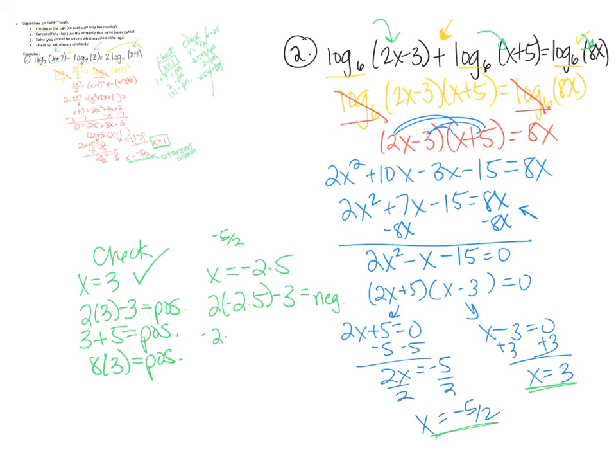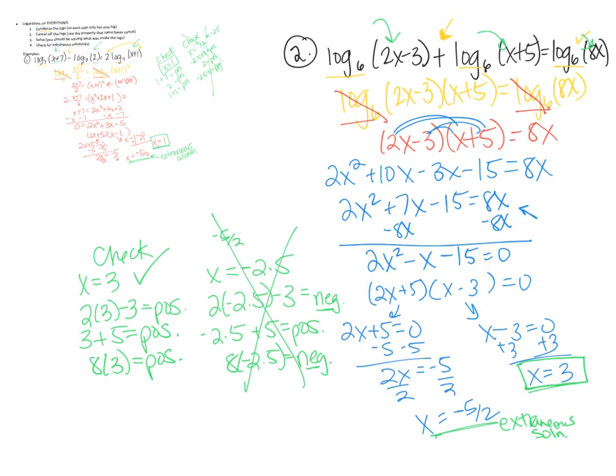So I'd have negative 2.5 plus 5. That one's positive. And then I'd have 8 times negative 2.5, which is again negative. So since I got negative here, that is not an actual solution. That's what we call an extraneous solution. So the only solution that's real here would be that x equals 3.